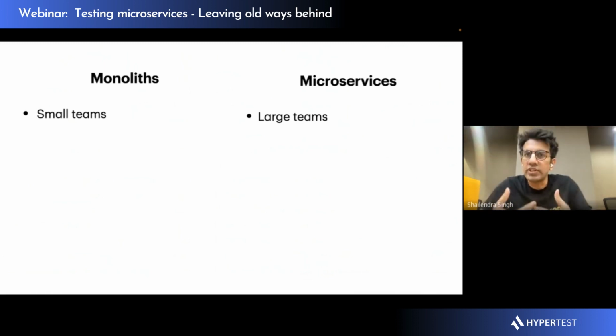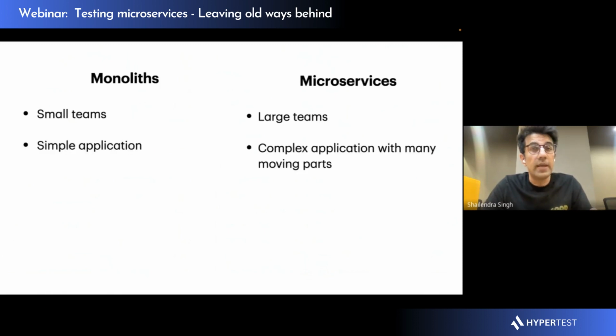You might have been a smaller team when you started your project, but now you want to develop your project at a faster pace than you used to.